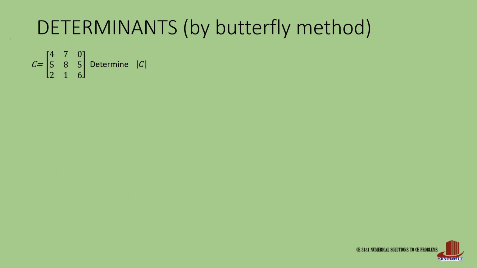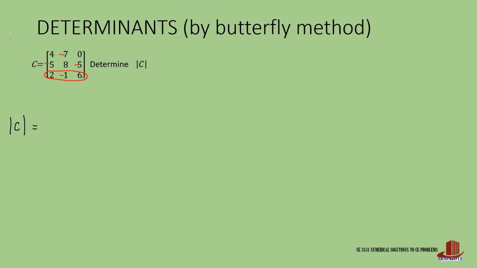Just in case we would like to work on some column or some row without 0, let's choose the third row. Again, place our interchanging signs and then move on with our determinant.